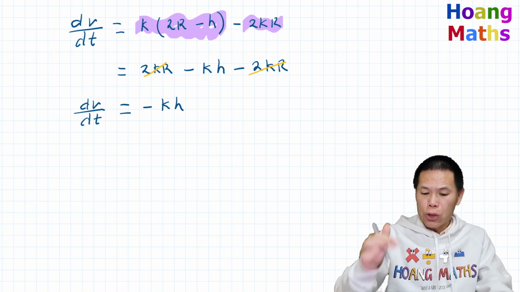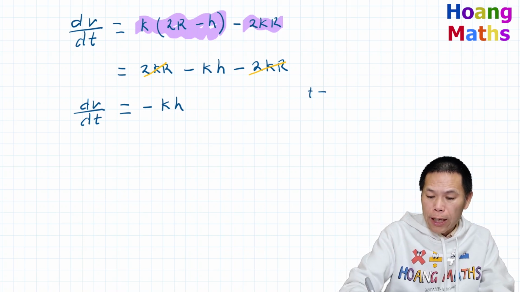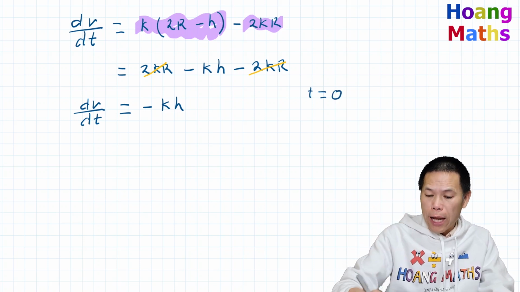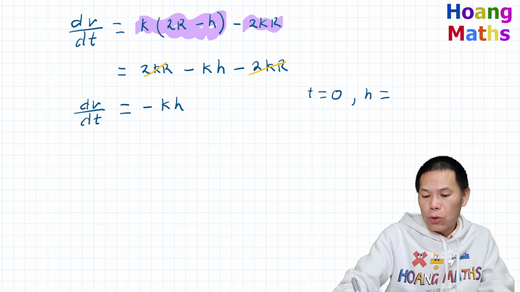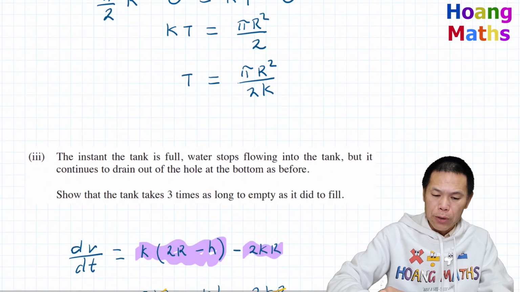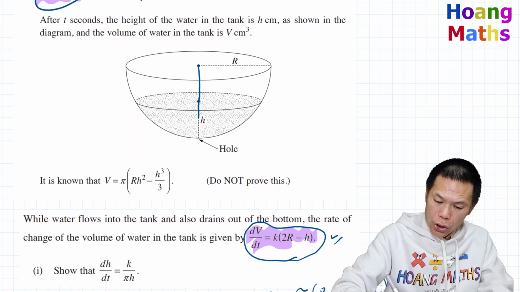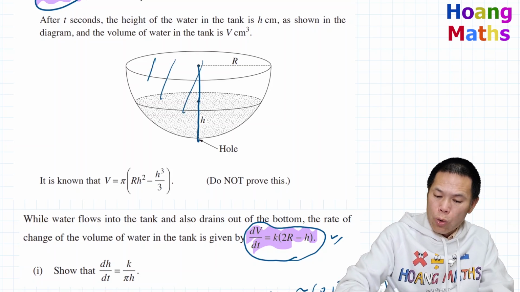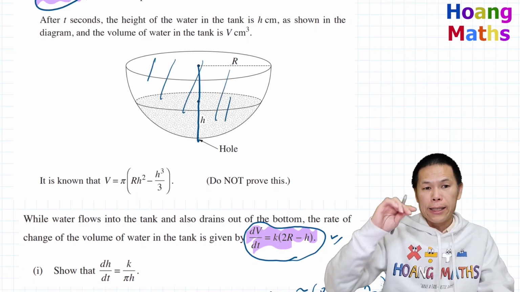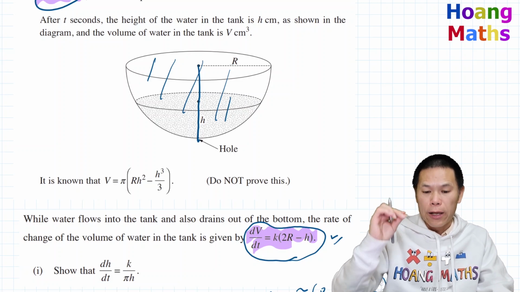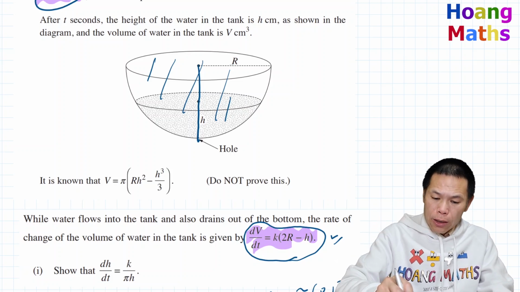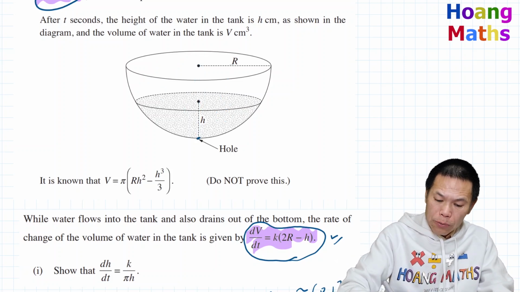That means initially, when t is equal to 0, h is equal to r, because when the tank is full, this is h, so that means full of water. So h is equal to r. And when it's empty, the h becomes 0.